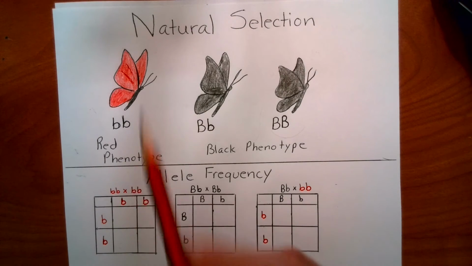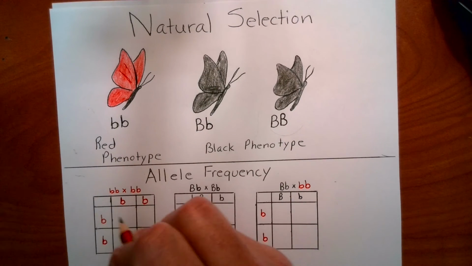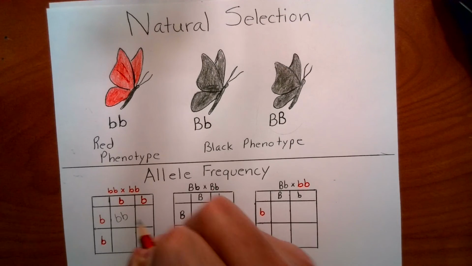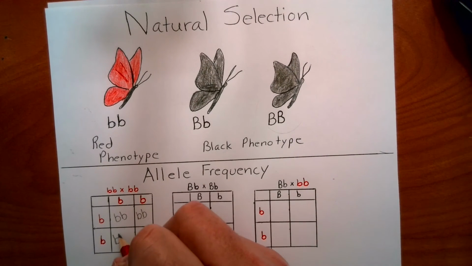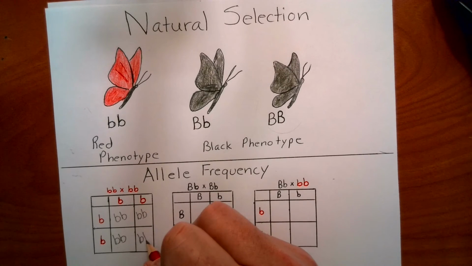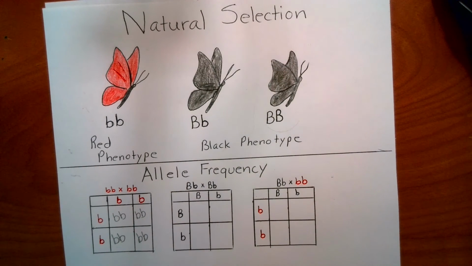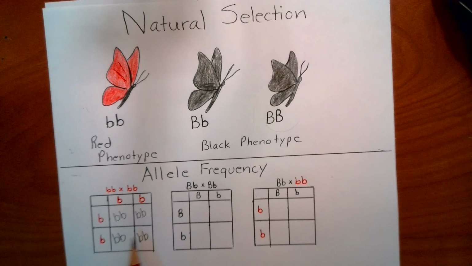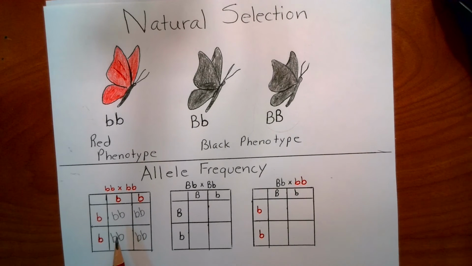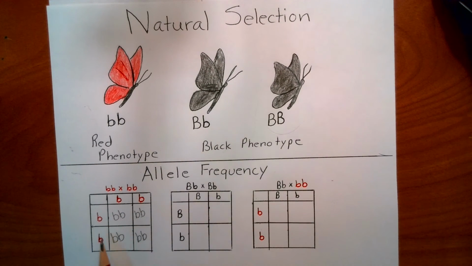And if we do the cross, we find that all individuals that become butterflies from this cross have the red phenotype. And therefore, it's likely that none of these offspring will survive to mate themselves.